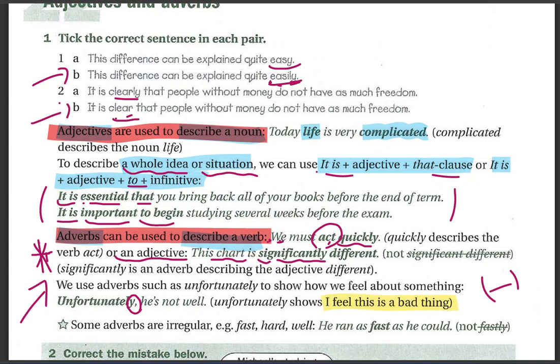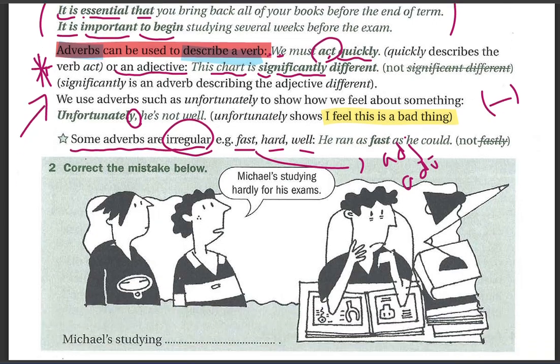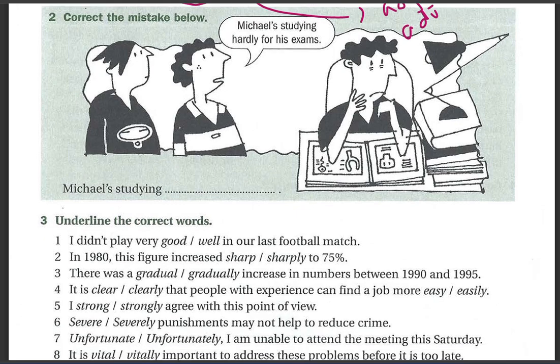I'm sorry about it. And here, some adverbs are irregular, like fast, hard, well. And you can see fast can be adjective and also adverb. It depends on you and your usage in the sentence.